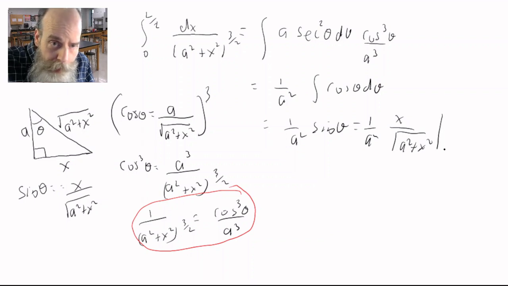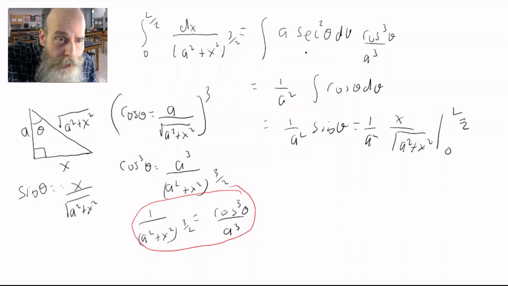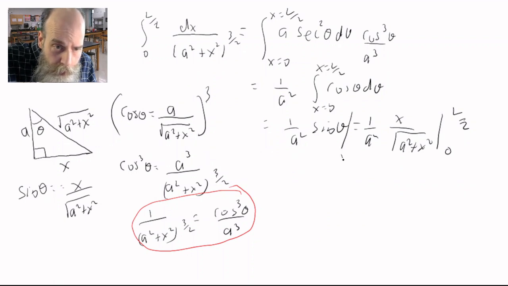And we're going from x equals 0 to x equals L over 2. I should have put it here, just to be precise. x equals 0, x equals L over 2.